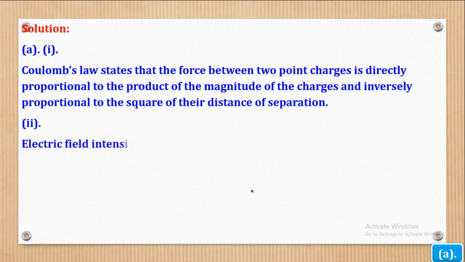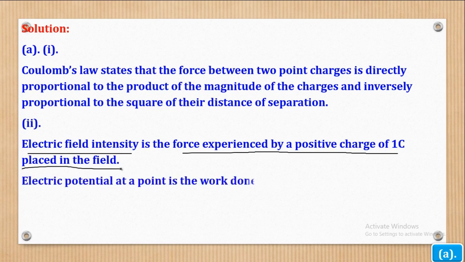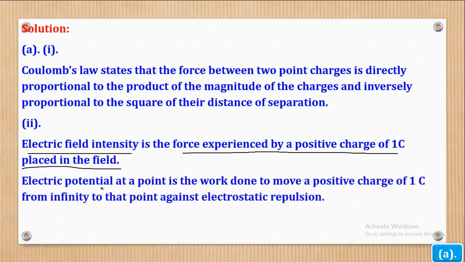Then here we have to define electric field intensity and electric potential. So we shall say that electric field intensity is the force experienced by a positive charge of 1 coulomb placed in the field. What about electric potential at a point?